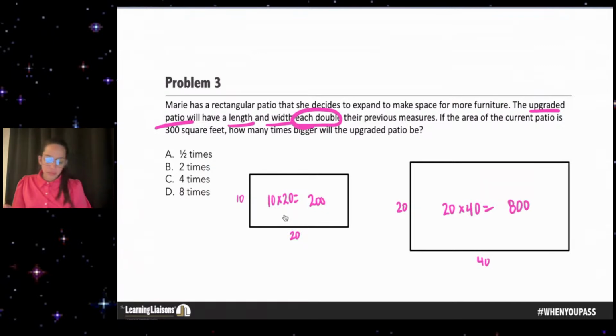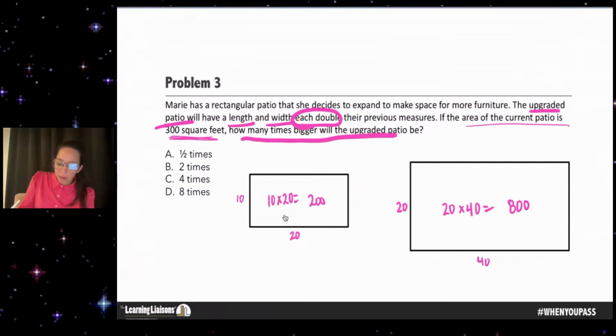If the area of the current patio is 300 square feet, I didn't pay attention to that, but quite frankly, it doesn't matter, because the concept of scaling is going to be the same no matter what the dimensions or the area is. I'll show you that in a minute. How many times bigger will the upgraded patio be?